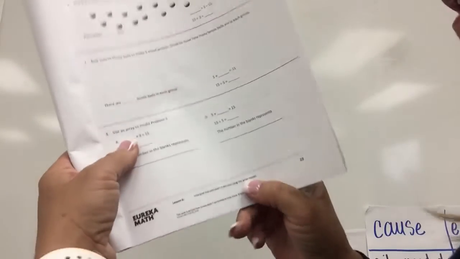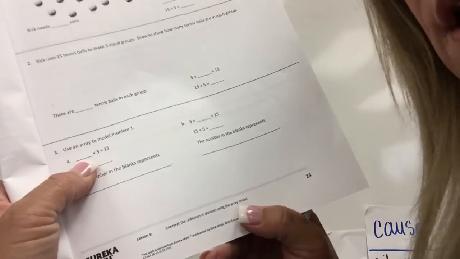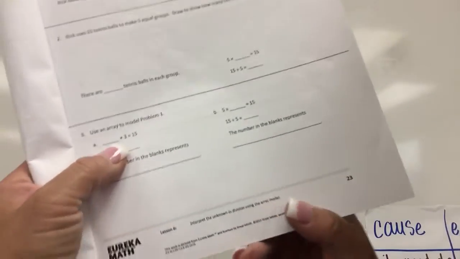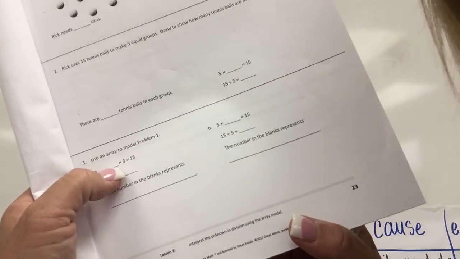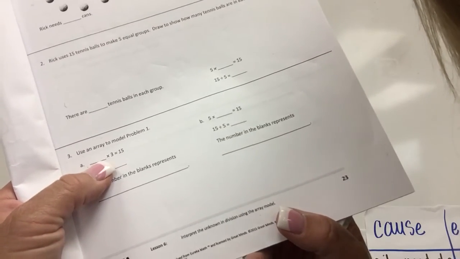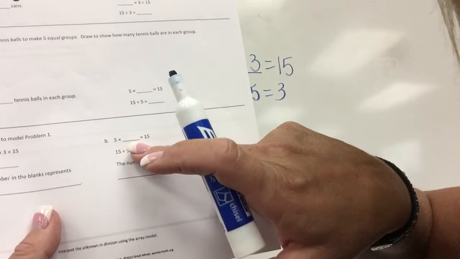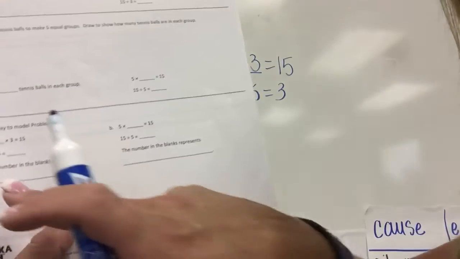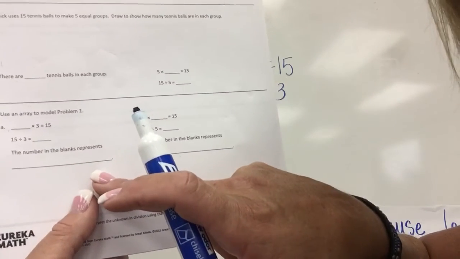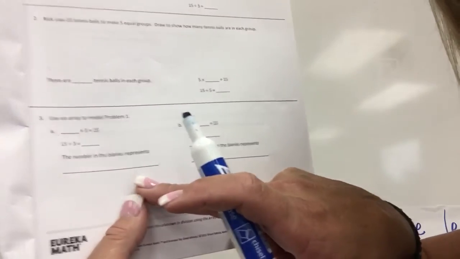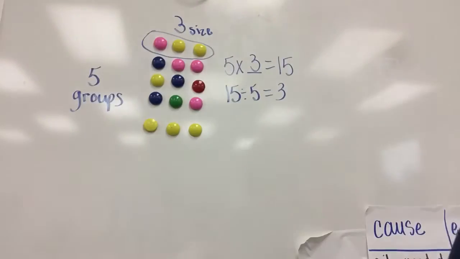This first one, the 5, I'm giving you the answer. That's okay. This one represented the number of groups. So there were 5 cans. Over here, this one was the size of the groups. So down here, we're going to put the number of groups, and this one, the size of the groups. I'll show you.